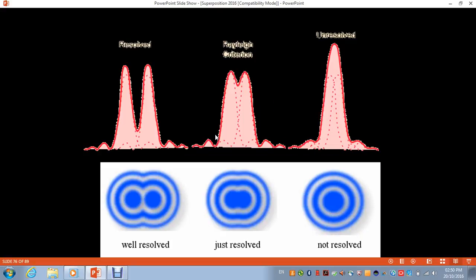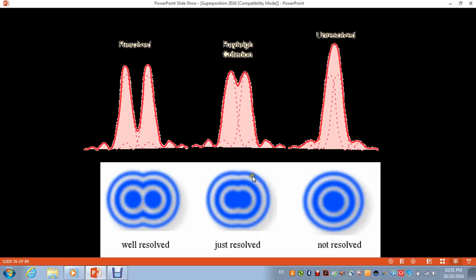This is what we saw just now. If the two are very far apart, we see two spots. If they are just resolved, then probably we can figure out they might be two, but not very convinced. But if they are any closer, we only see one circle. We can't resolve them anymore.